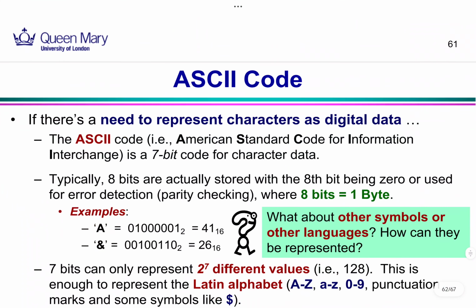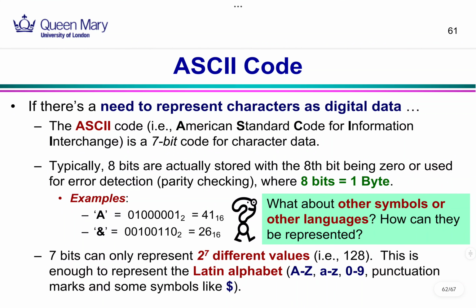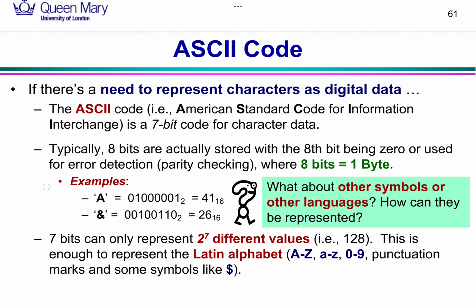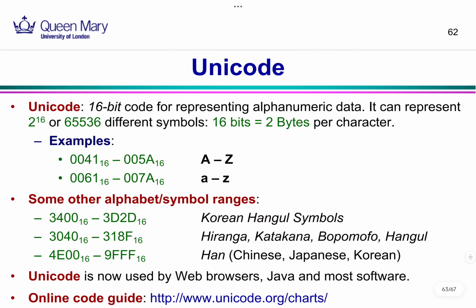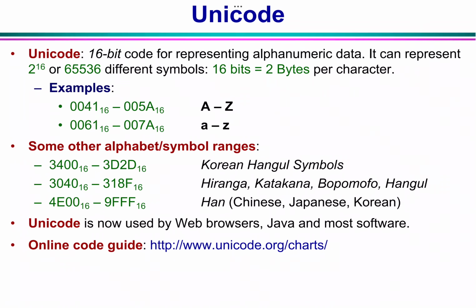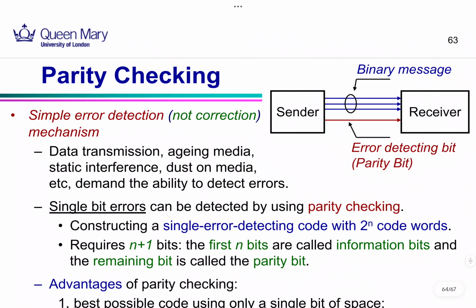The alphanumeric ASCII code means American Standard Code for Information. American Standard Code for Information Interchange, that is something. Unicode means a different code for some other alphabets, Korean, and so on, and parity checking.